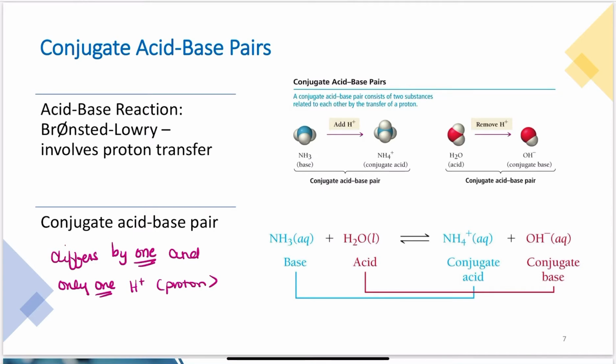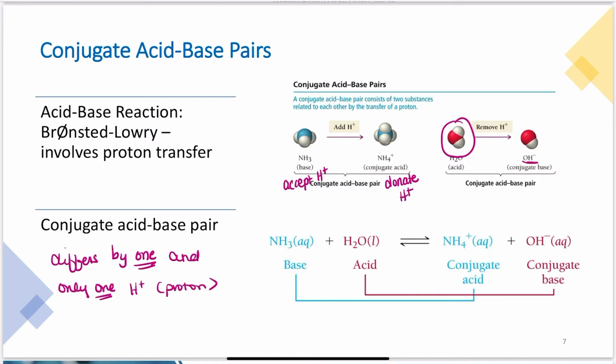So we see here ammonia and ammonium. The difference here is 1 proton. Ammonia is a base. It can accept a proton. Ammonium is its conjugate acid. The conjugate acid, because it's an acid, can donate a proton if it goes in the opposite direction. Water, in this case, on this side is acting as an acid. Hydroxide is a base. I could also have H2O going to H3O+. In this case, this is acting as a base, and this is my acid.